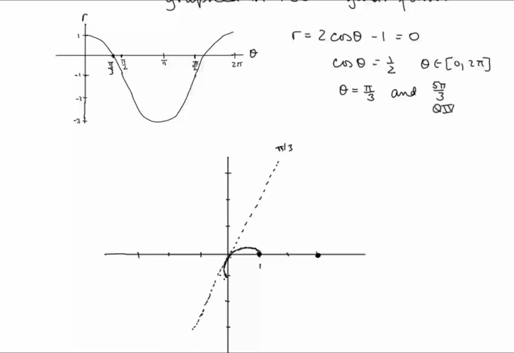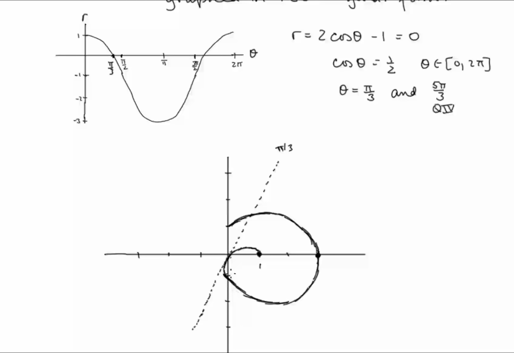Our radius values are going to get more and more negative as theta increases. And then as theta goes from pi to 3 pi over 2, we continue to have negative radius values, but they're increasing to negative 1, going from a radius of negative 3 to a negative 1. So at 3 pi over 2, we have a radius of negative 1.